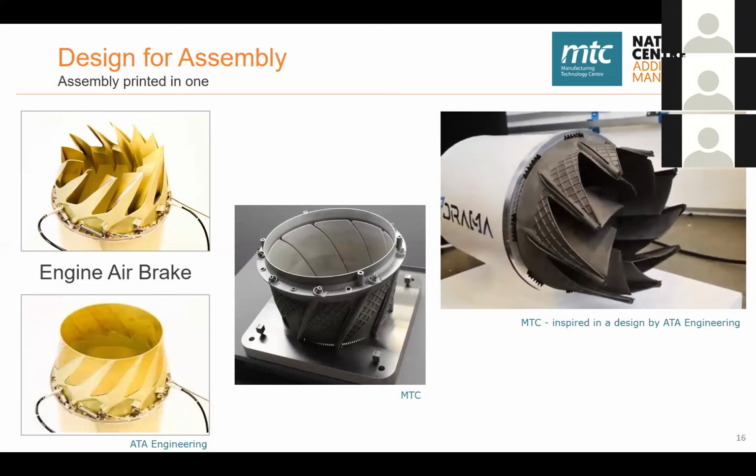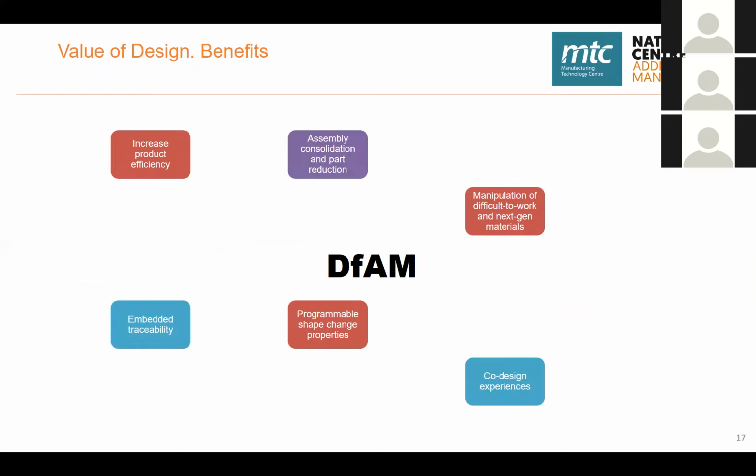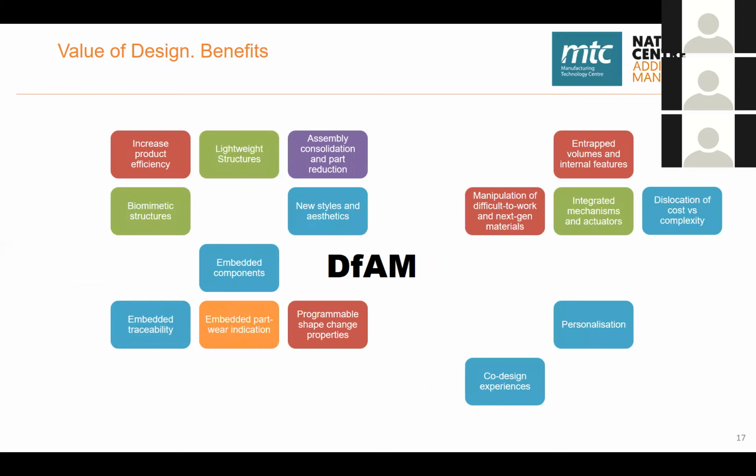These two benefits that I showed before are just two of the whole range. There are many areas where design can add value and benefits in additive manufacturing in the current processes.